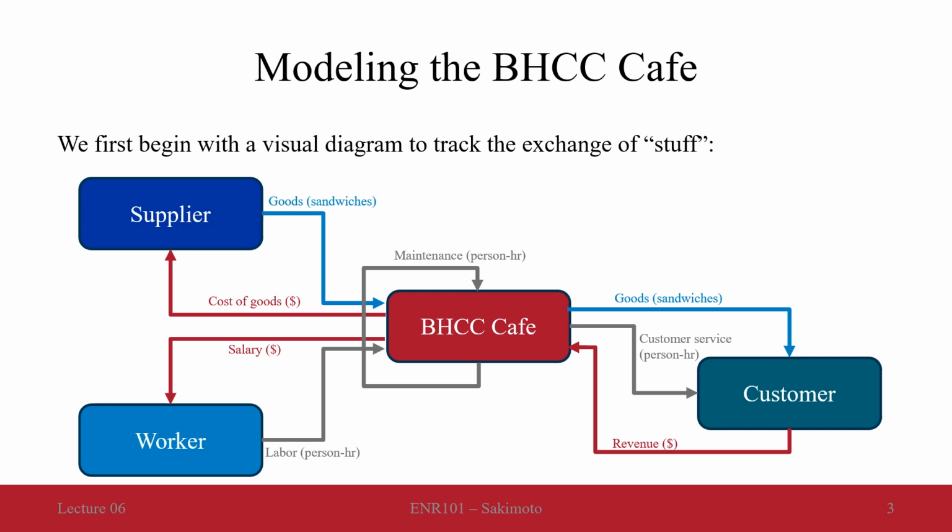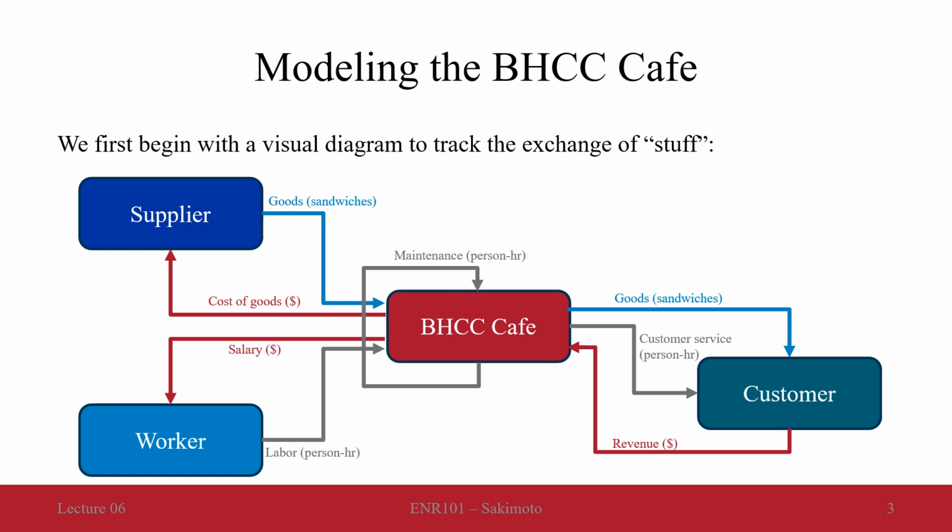For each of these three categories, goods, money, and labor, we need to track the flow of stuff. We need to see how much is entering, how much is leaving, how much is accumulating. Ideally, we would have an equal inflow and outflow of sandwiches. We don't want to accumulate any sandwiches. We have an equal inflow and outflow of labor.